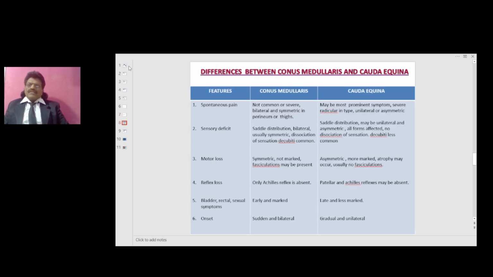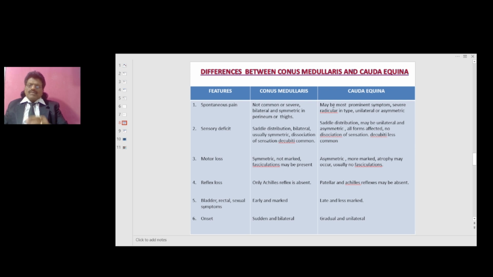So what are the differences between the conus medullaris and cauda equina? We can talk about the differences with 6 points: spontaneous pain, the sensory deficit, the motor loss, reflex loss, bladder, rectal and sexual symptoms, and onset. Spontaneous pain in conus medullaris is not common or severe but is bilateral and symmetrical in the perineum or thighs.